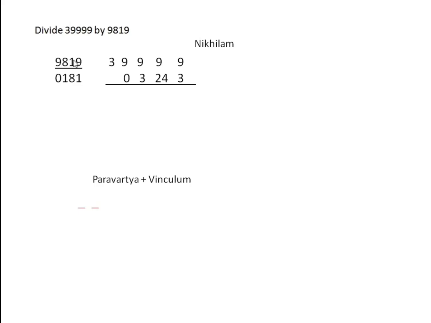Whenever we are doing these calculations with respect to the complement of the divisor with respect to its base, then we are going to take the whole number. But when we express this divisor in the form of vinculum or another number, we are going to consider all the digits except the first one.